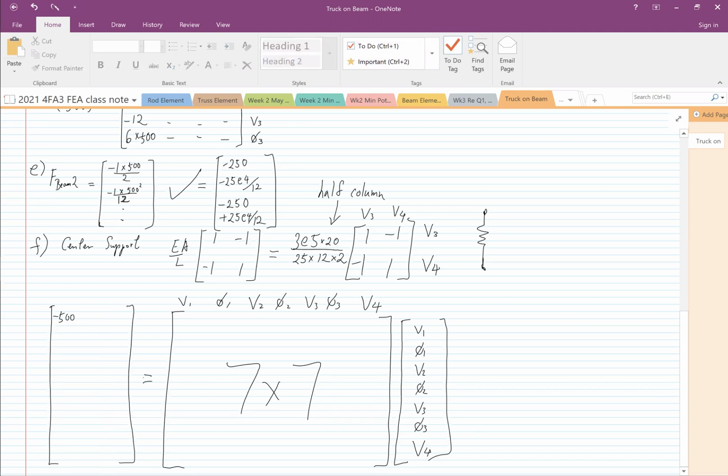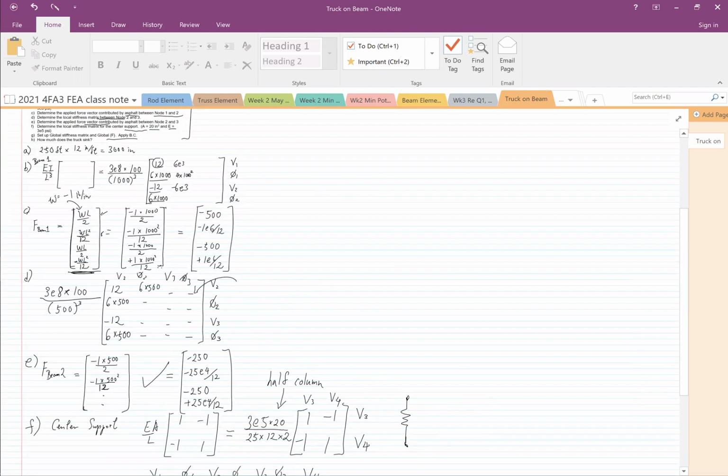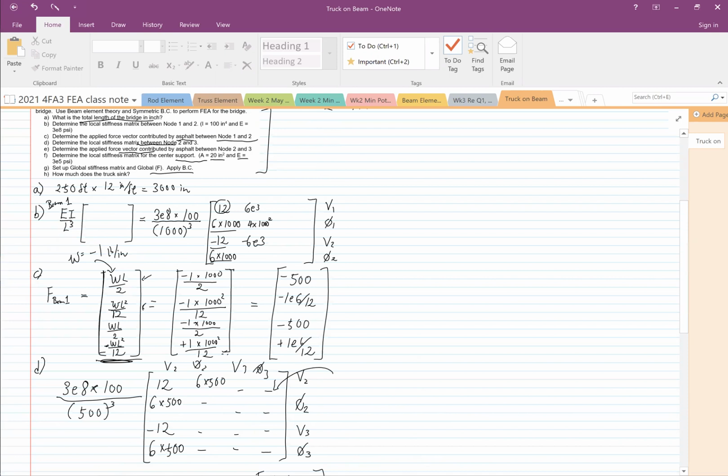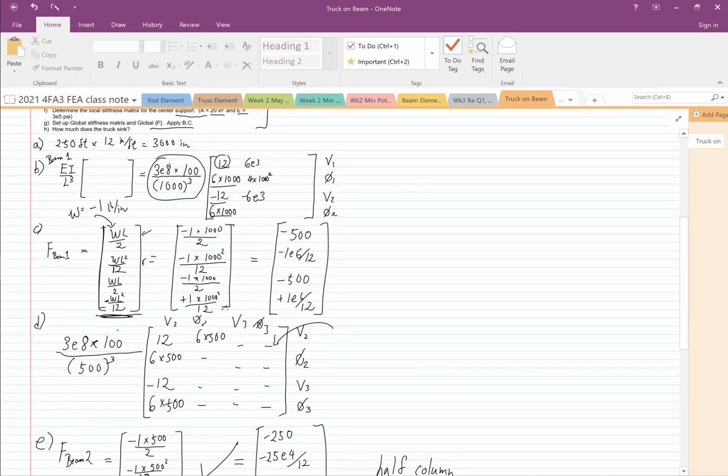Sorry, for assembling your global matrix, before you assemble it, you have to make all your K values the same, correct? Oh yes, good point. Because right here, all the K values are outside. If you have different K values, it's like a scale factor outside the bracket.